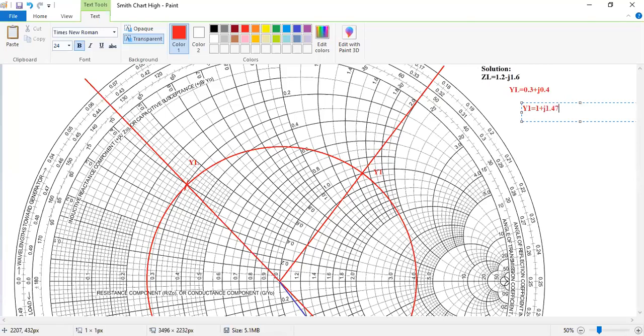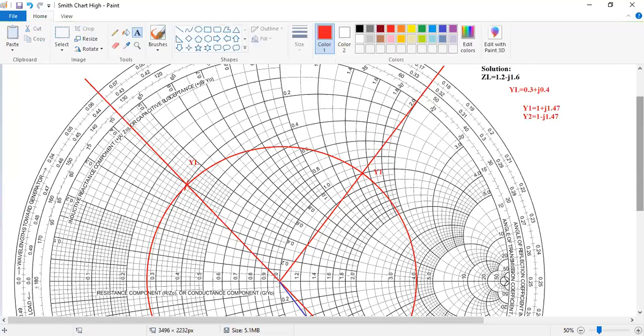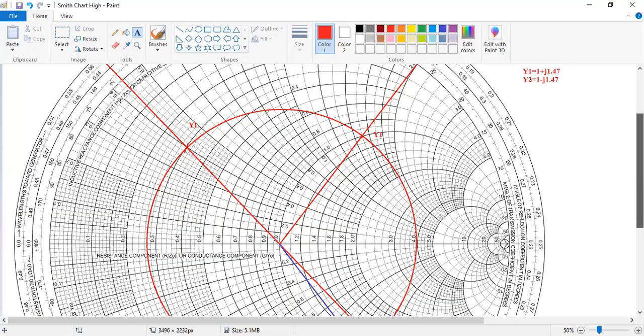If you get 1.45, it's okay. And next is y2. Your y2 equals 1 minus, it is at the bottom, j1.47. Is there any problem in y1 and y2? Everyone got it? Okay, so y1 and y2, you got both the points.